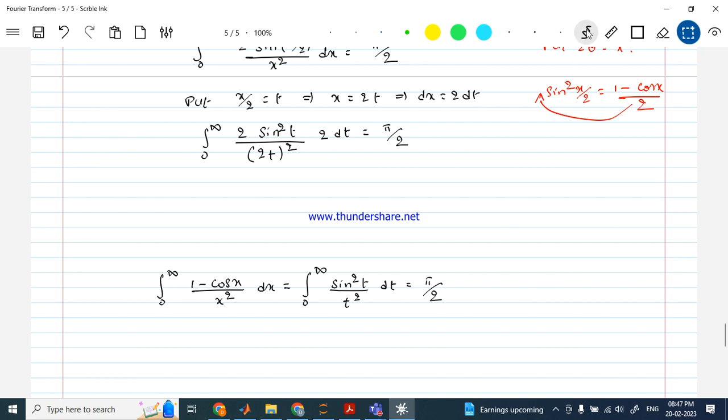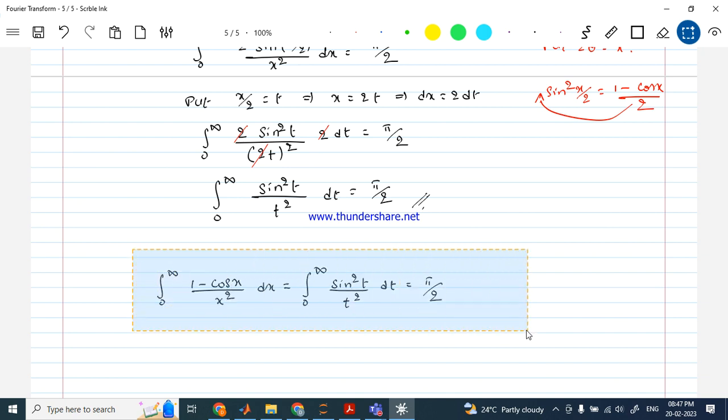Yes, you can note you have your answer now. So this 2 and 2 will get cancelled with the 2 square here. So your answer is the integration from 0 to infinity of sin square t by t square dt equal to pi by 2. That's all. That is what the requirement is in this case.